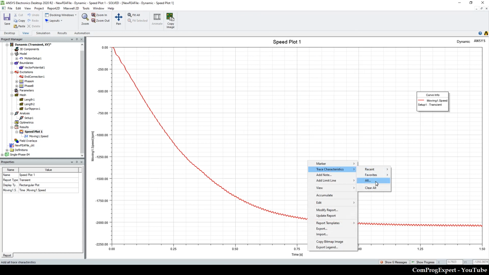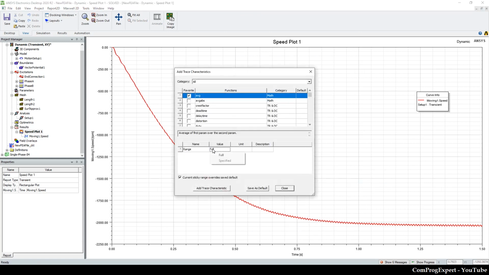Trace characteristics, all, average. I'm going to calculate the average speed. So I write here 1.5 second minus 20 milliseconds. That is one electric period, right?